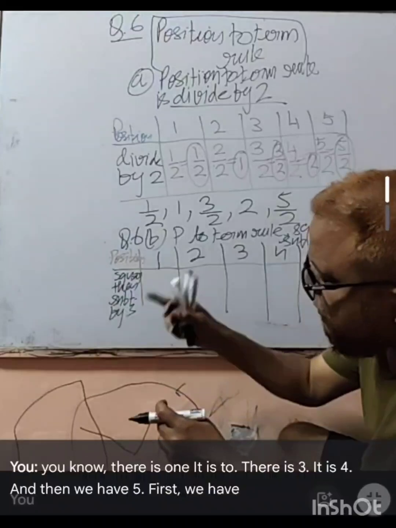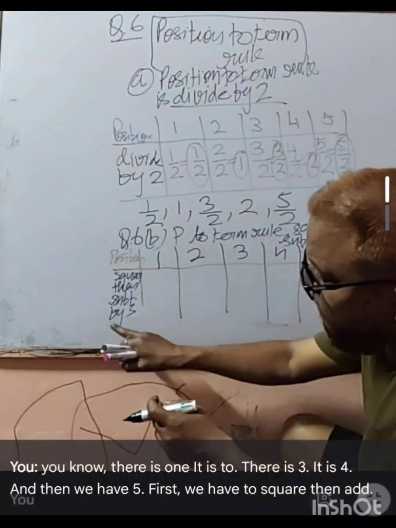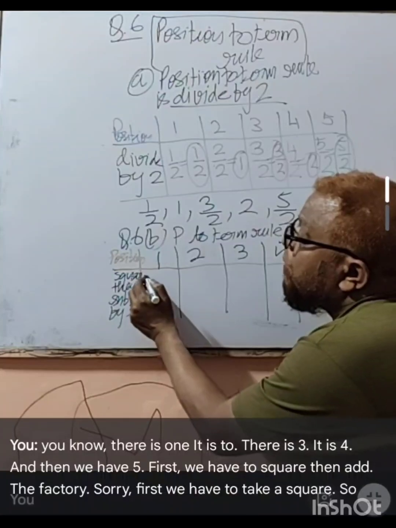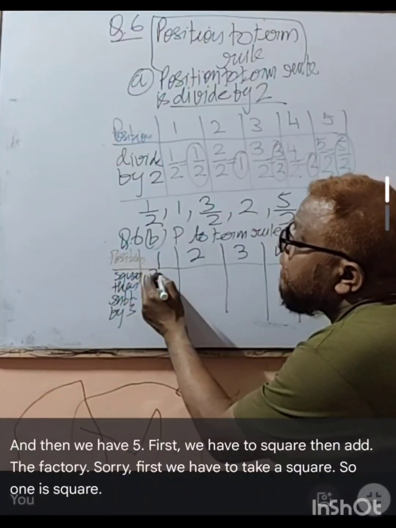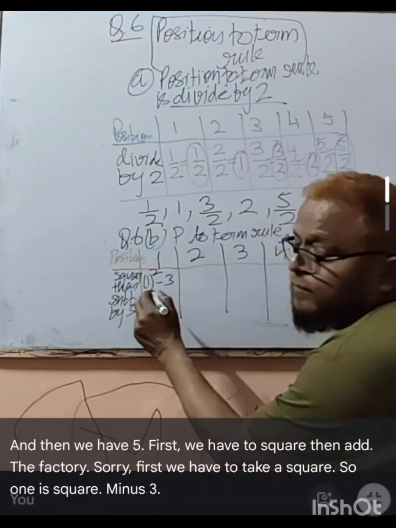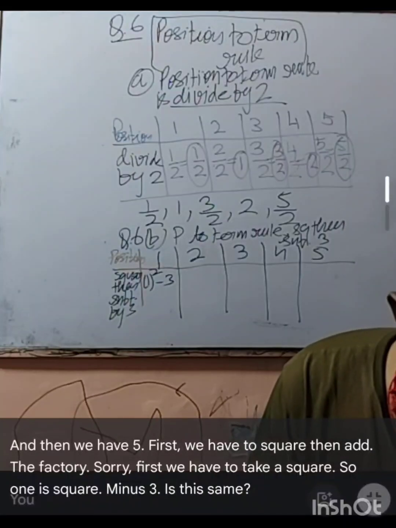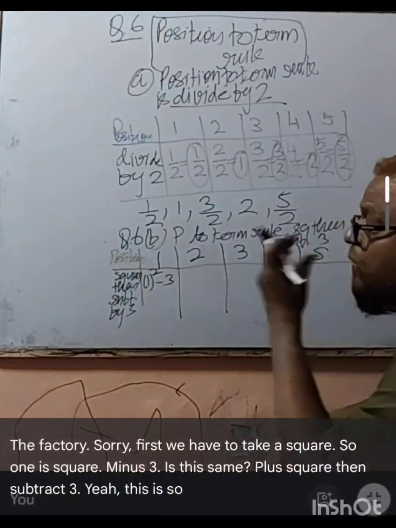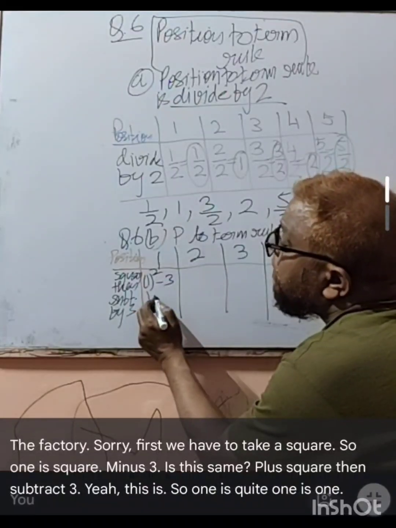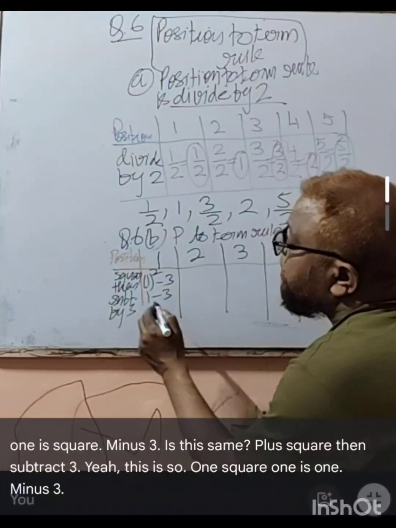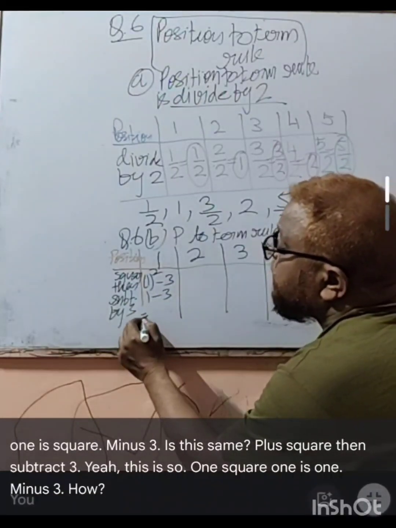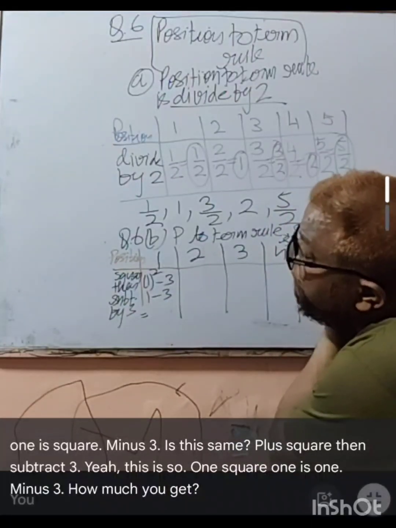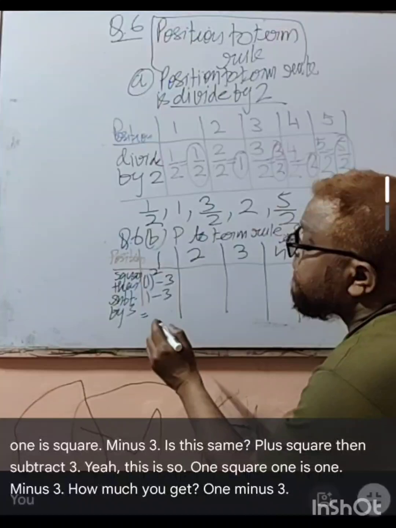First we have to take a square, then subtract 3. So 1 square is 1, minus 3. 1 minus 3 means negative 2.